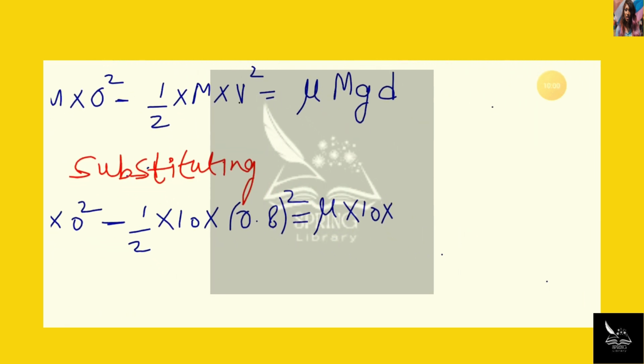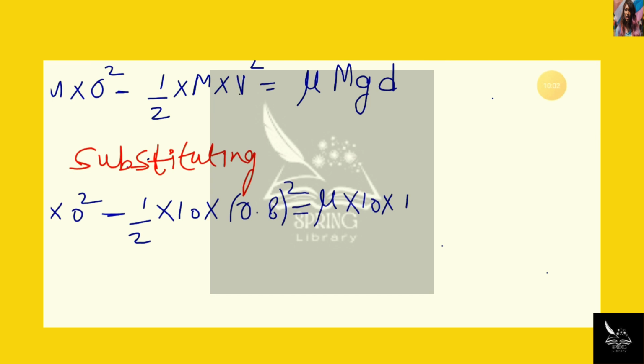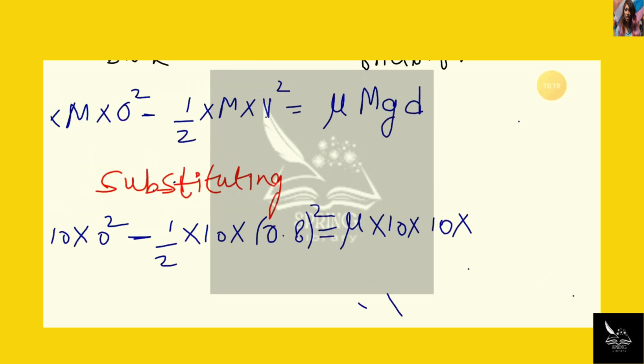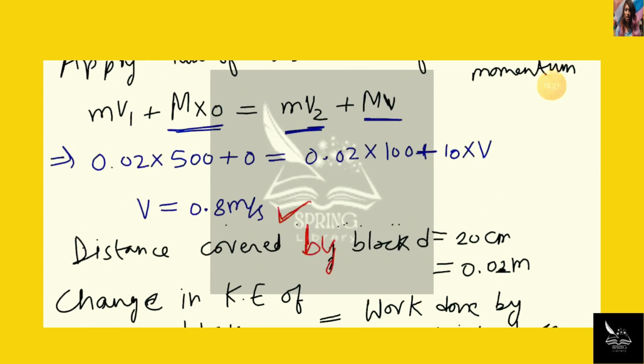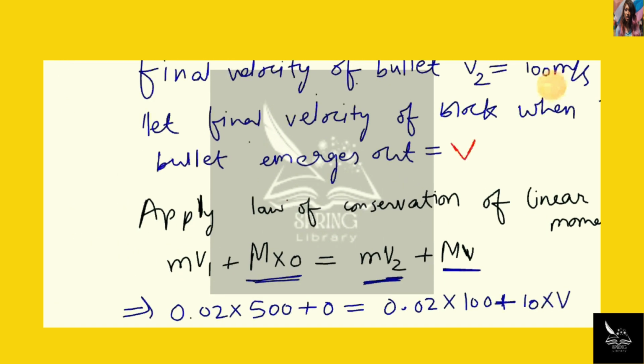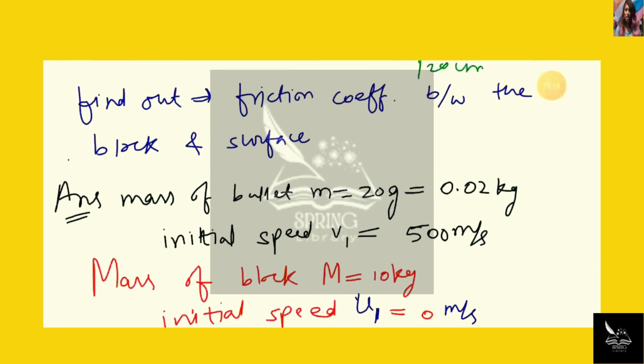So here put the value of g, that is 10, and d is the distance given in the question, 20 centimeter, or in meter, d is equal to 0.2 meter.